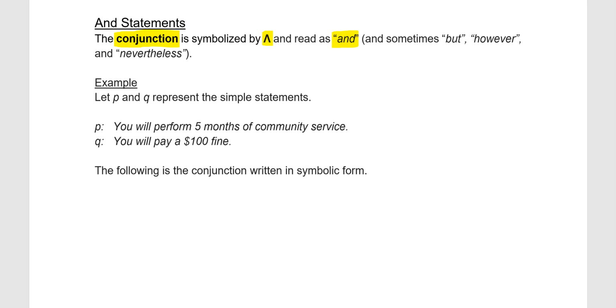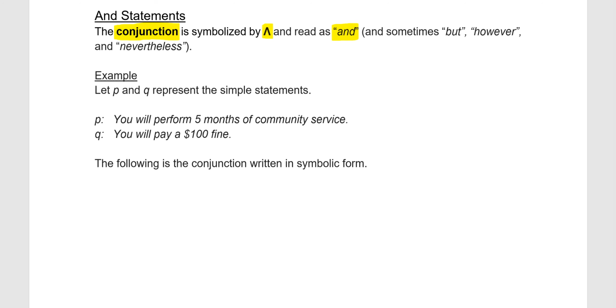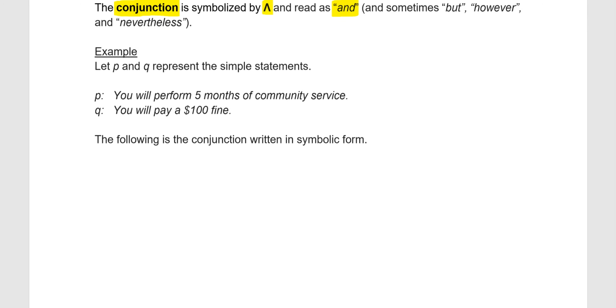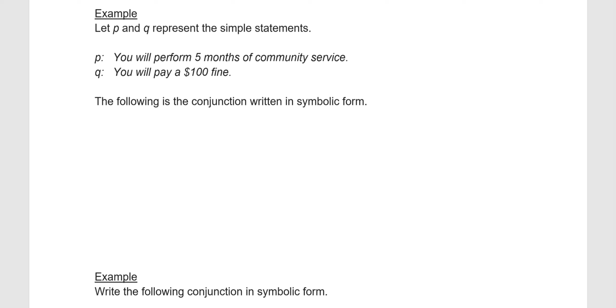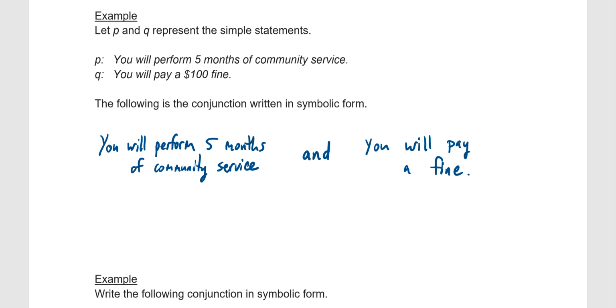Okay, so let's do an example here. Let P and Q represent the simple statements. We have statement P, which is you will perform 5 months of community service, and statement Q, which is you will pay a $100 fine. So the conjunction of these statements is as follows. We have the statements joined together with the word and. You will perform 5 months of community service, and you will pay a fine.